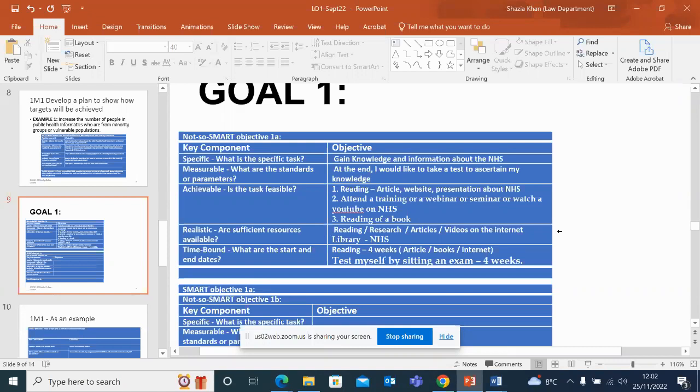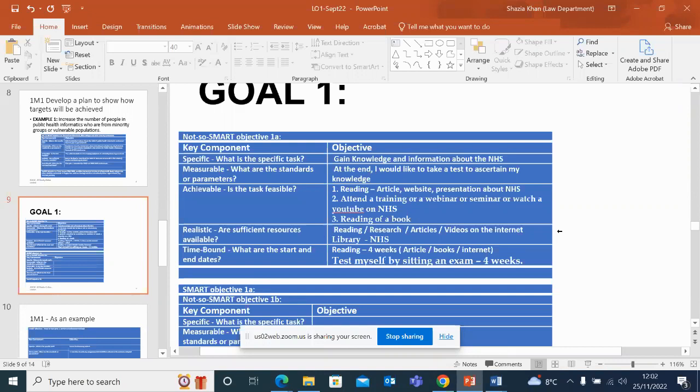The realistic is, are there sufficient resources available here? So, you know, there's resources available such as reading, research, articles, any sort of videos on the internet, the library, the NHS. And is it realistic? Are there the time bound? What are the start and end dates?